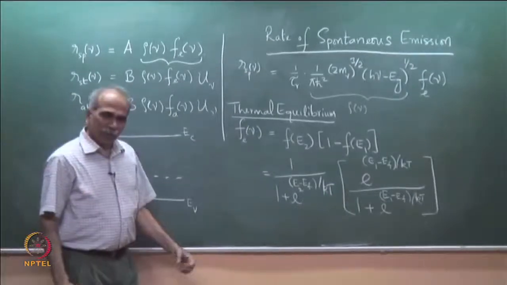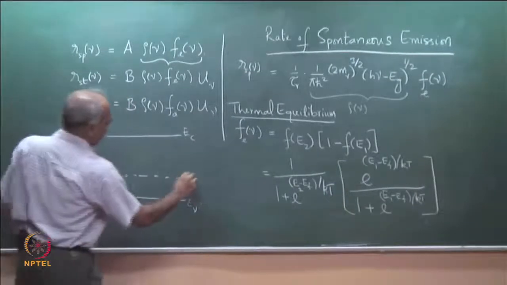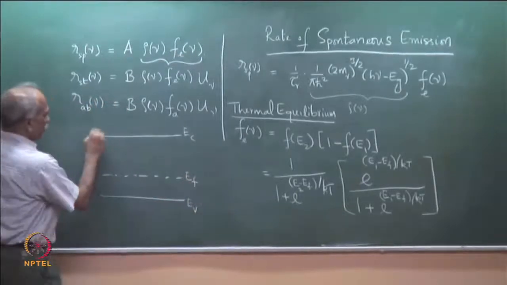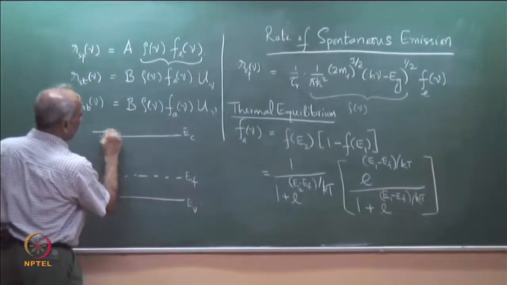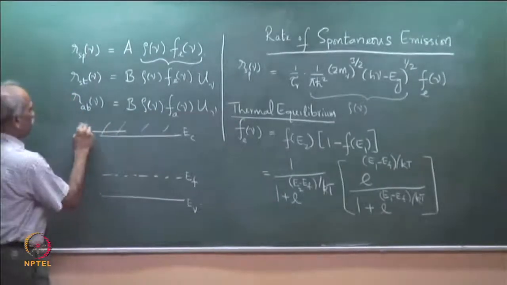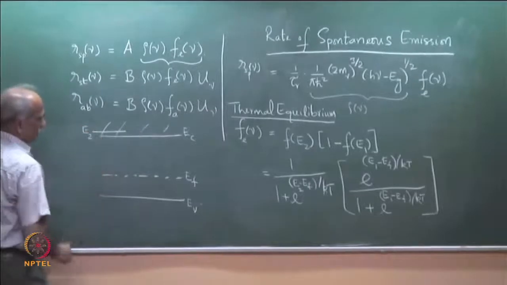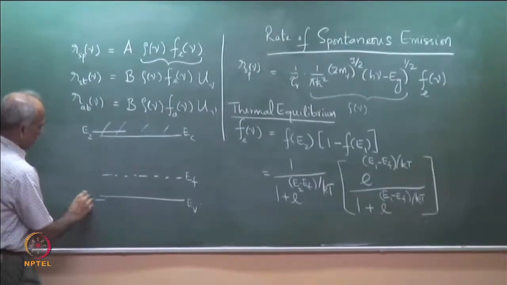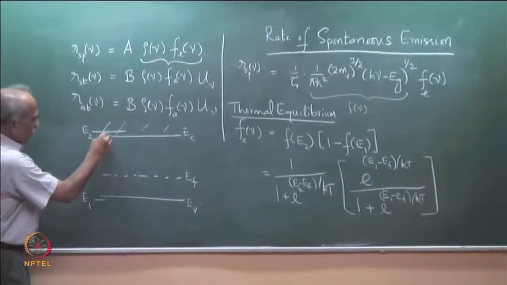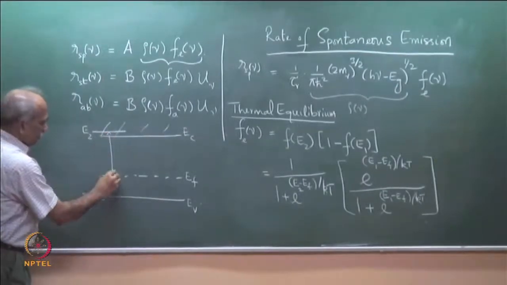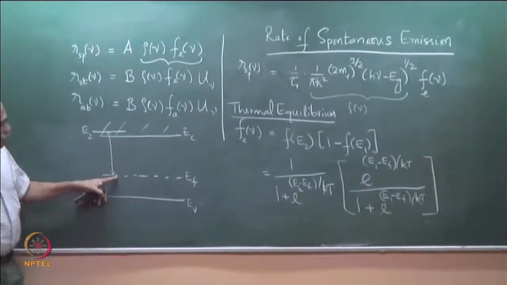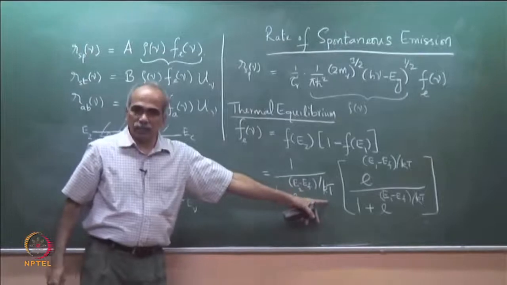Let us approximate a little bit. EF is here, E1, remember that E2 is an energy level in the conduction band, and E1 is an energy level in the valence band. So, you can see that this gap, E2 minus EF, is much greater than kT at room temperature.